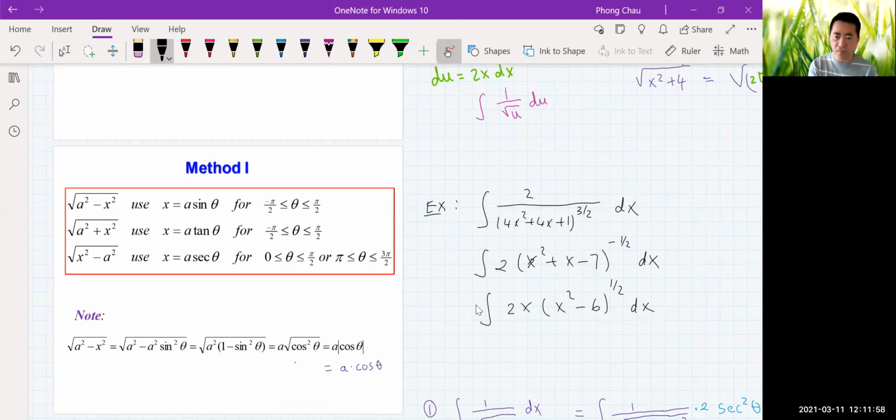So for this problem, a u sub is quick and easy, so do not use the trig sub. The one up here, the trig sub must be used. Okay, that finishes the last part of section 8.4.